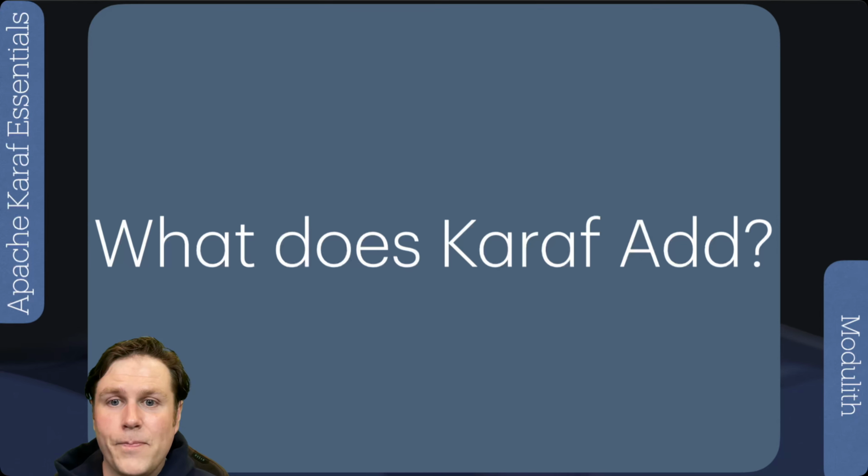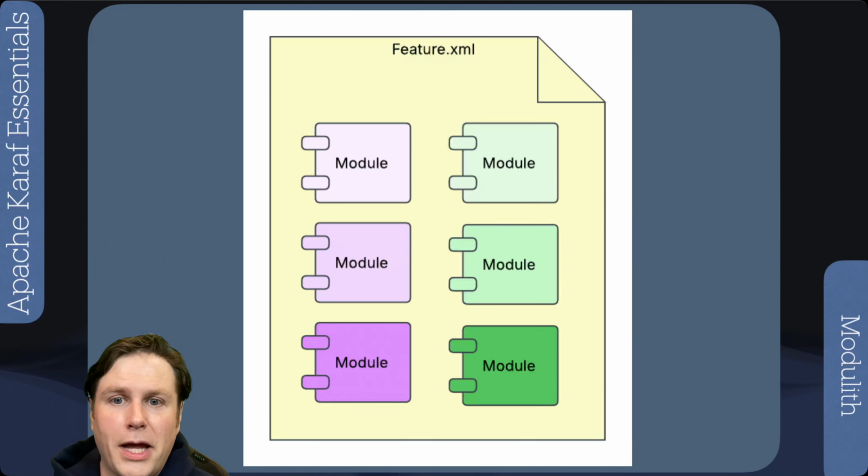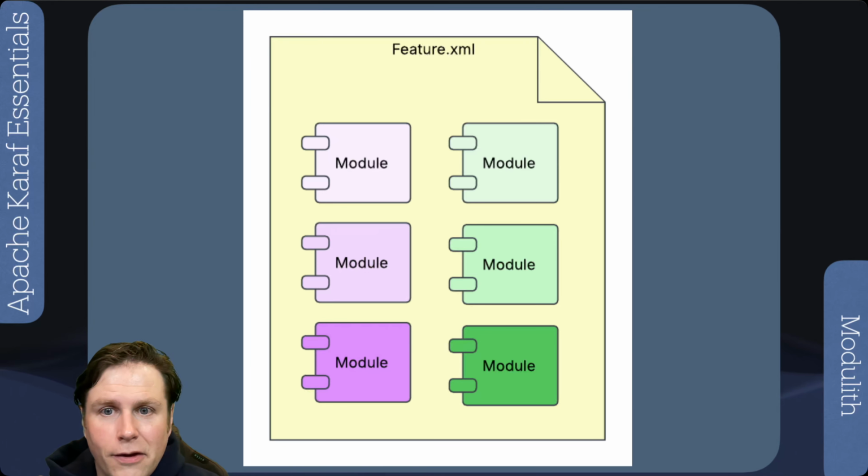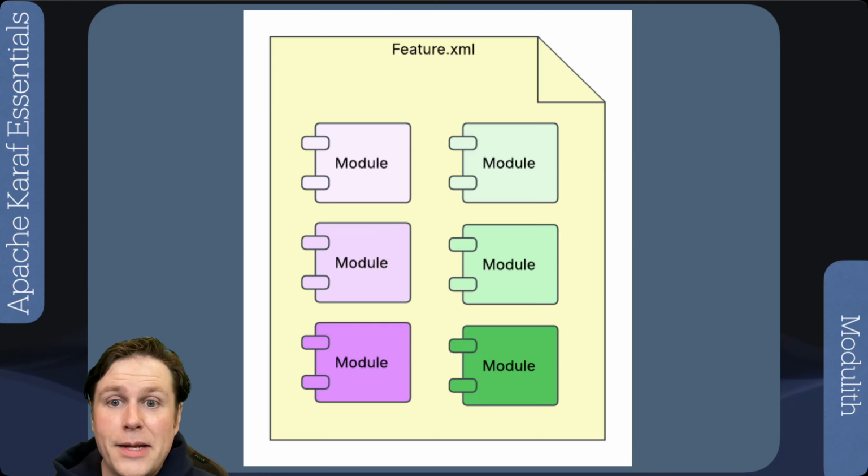So what does Apache Karaf bring to the table now to build out modular monoliths? Why is this a good idea to do it on this particular platform? Well, one of the key things that Karaf brings you, other than just OSGi and the functionalities that it brings to the table for modular builds, is that Karaf introduces a concept of a feature.